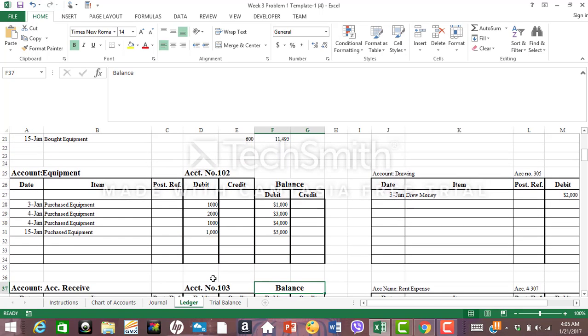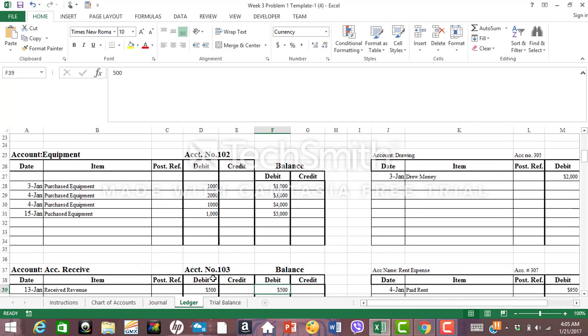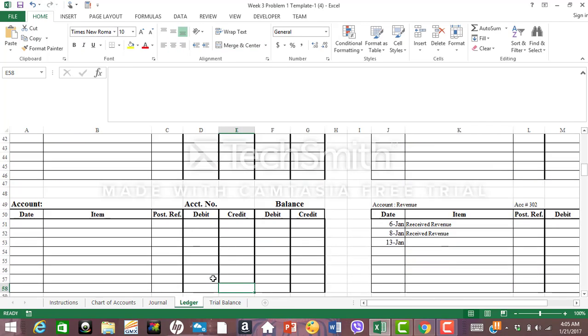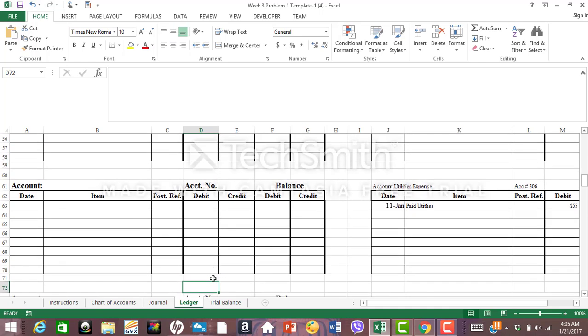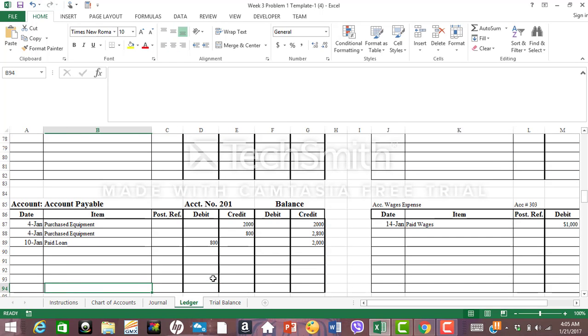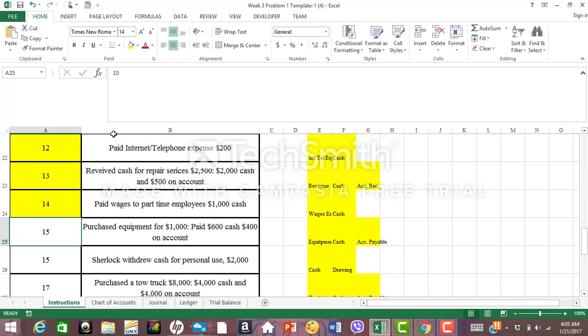It is 5,000, and the rest is paid on accounts payable. January 15th, purchased equipment for $400. So the new balance is 2,000 plus the 400, which is 2,400. Okay, we are done with this transaction.